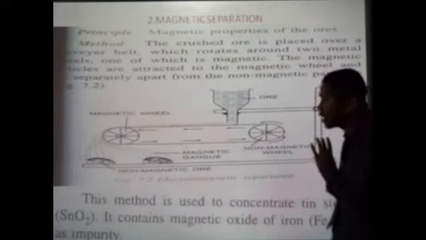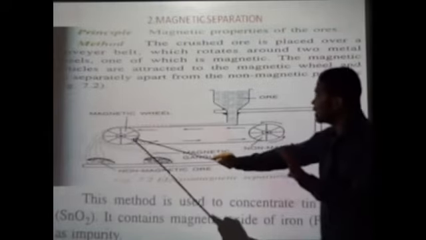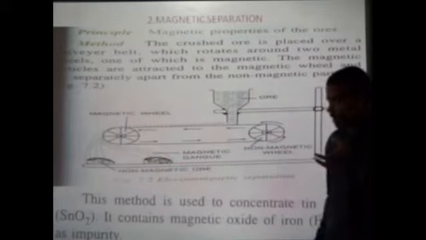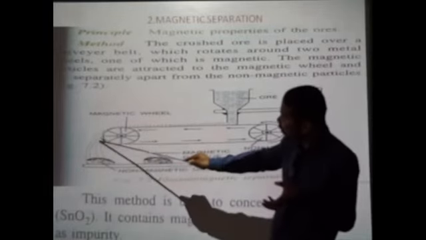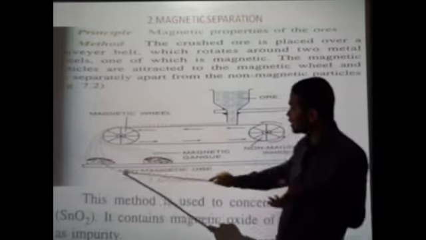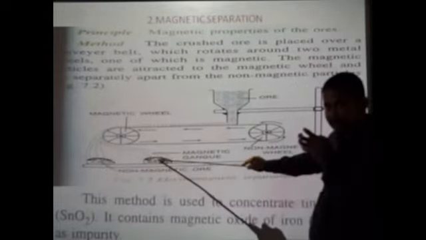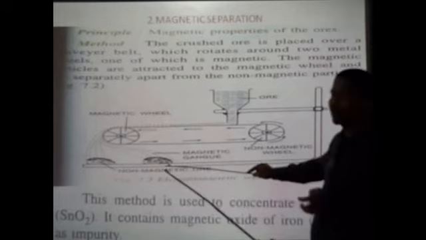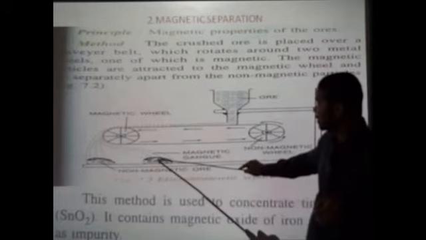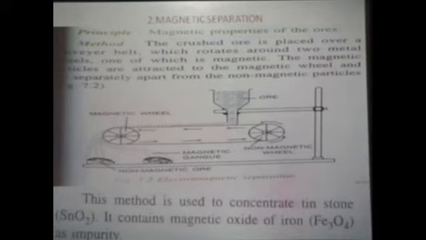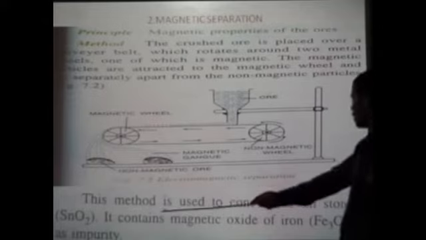As a result, these thrown away ores are collected here. That is non-magnetic ore. And then these attracted magnetic impurities are collected here. So this way ore can be concentrated.